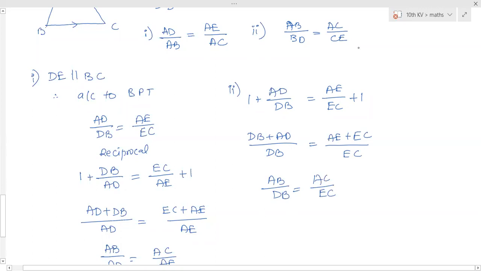That is the second part we would have got, not the first part. Clear? Yes, ma'am. So these are the two things we can prove by using the BPT, basic proportionality theorem. Many places we have to use these also. The method I just showed you, you have to use in the first exercise.